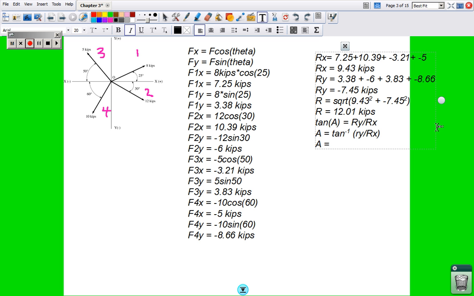That was 7.45 divided by 9.43. All right, and I got 38.3 degrees.